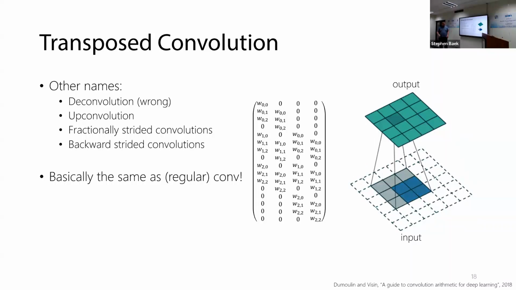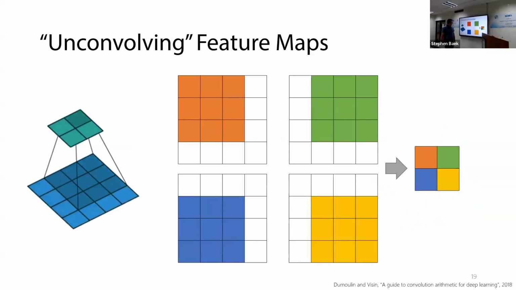Just looking at the geometry. Here's another perspective. In terms of the output, this output over here is the result of convolving this part of the input, and this output over here is the result of convolving this part of the input, and so on and so forth.